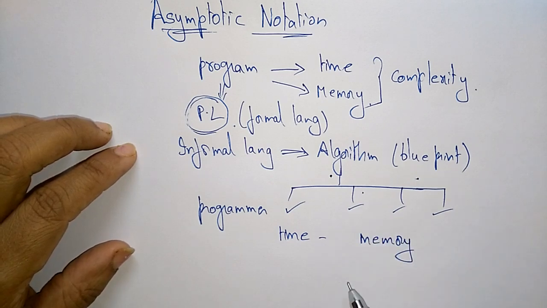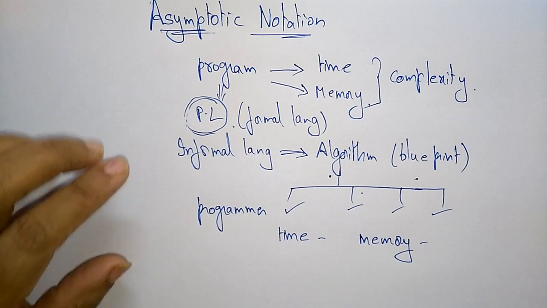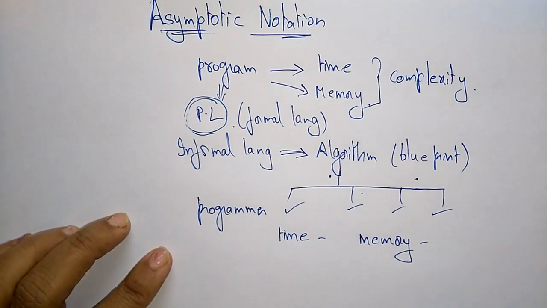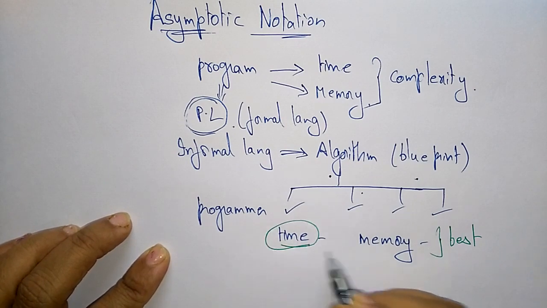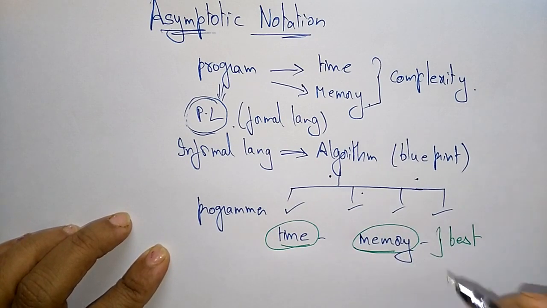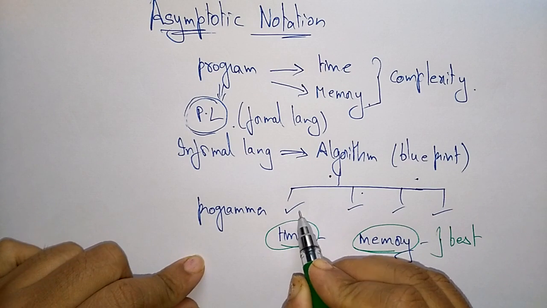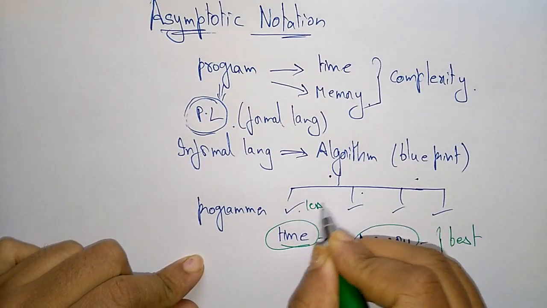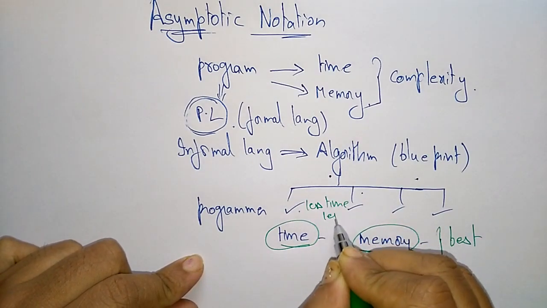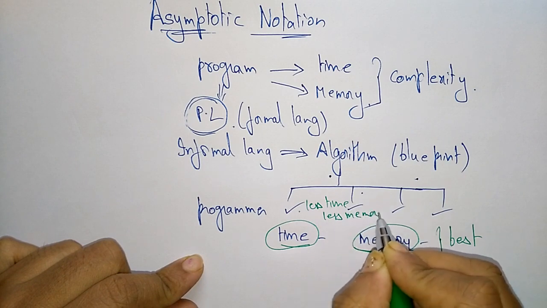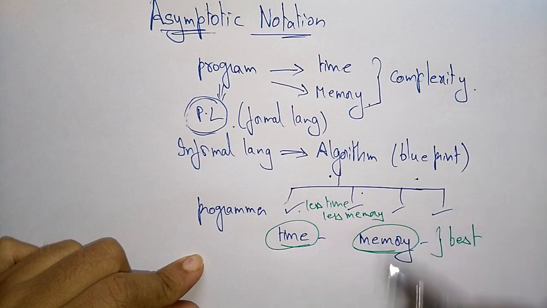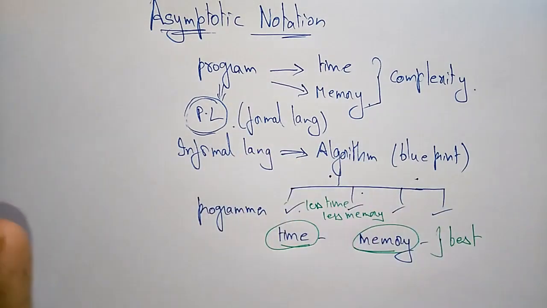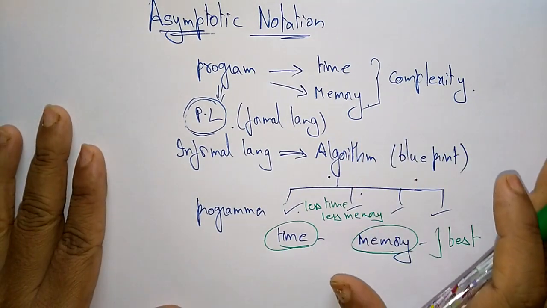The algorithm which takes less time and less memory can be selected as the best algorithm, and that will be implemented for writing the program. That is the analysis of algorithms.